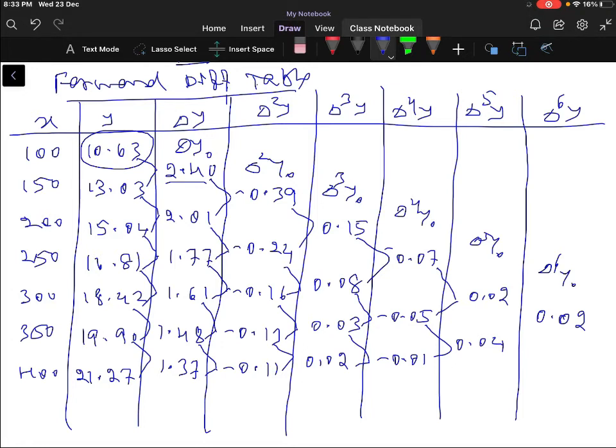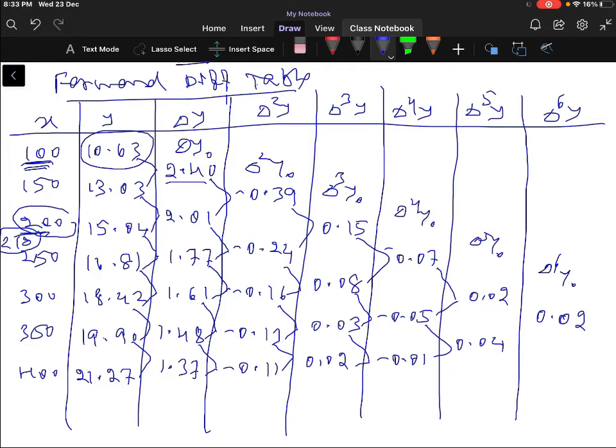So now we have to find out the value of y at x equal to 218 here. Here x naught we can take either 100 or we can take 200 also, because the given x value 218 is near to the value 200. So we can take x naught as 200, or we can take 100 also.